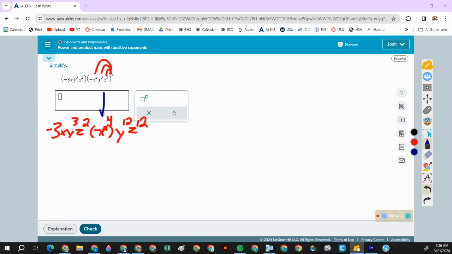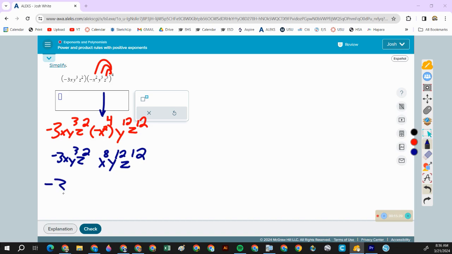And then we focus in on this one. Negative x squared times negative x squared times negative x squared times negative x squared is going to be positive x to the 8th. So negative 3x y to the 3rd z squared, y to the 12th z to the 12th.